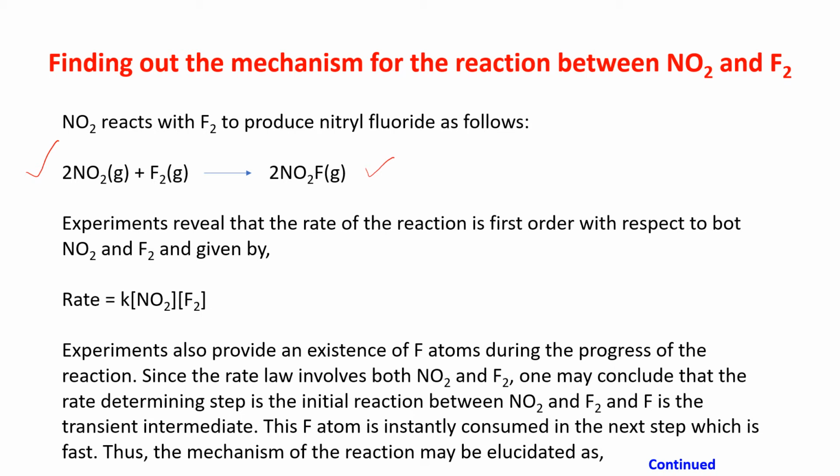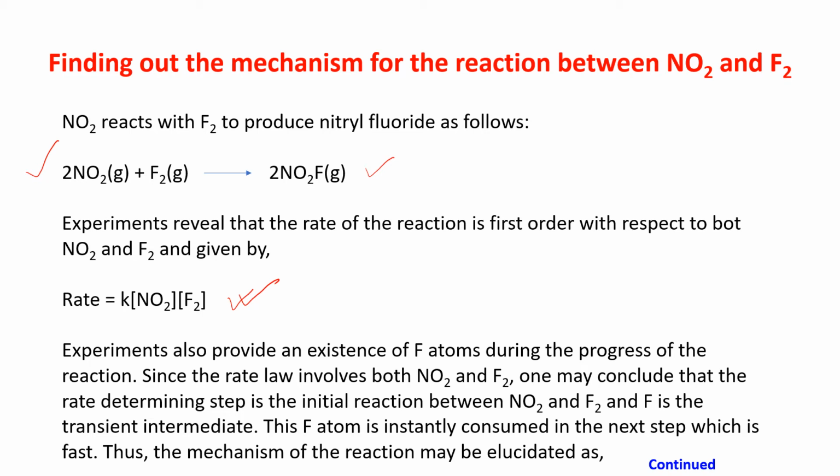To calculate the rate, we have to know the order with respect to both reactants. The experimental data shows that it is first order with respect to both NO2 and F2. So the rate can be written like this: rate equals K[NO2][F2].